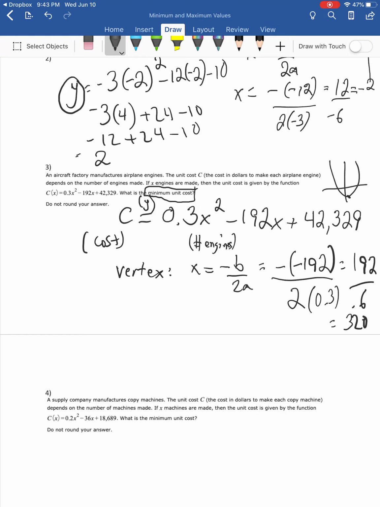Okay, but that tells you, again, X is the value for engines. We want to know the minimum cost.